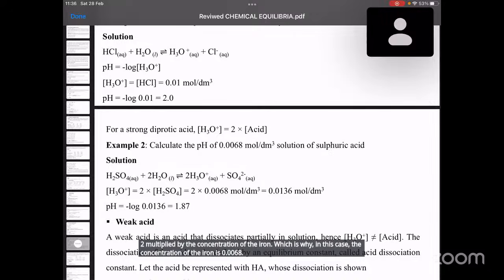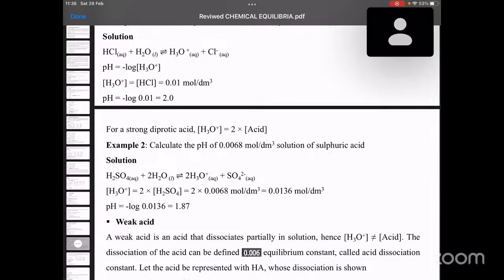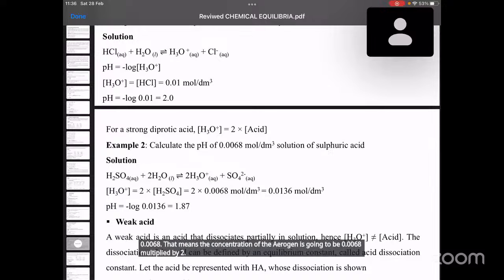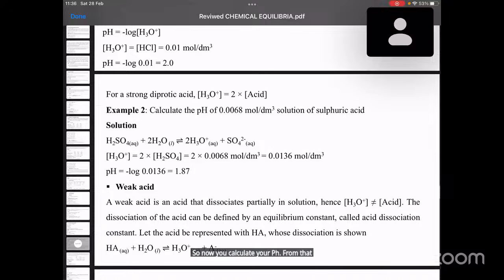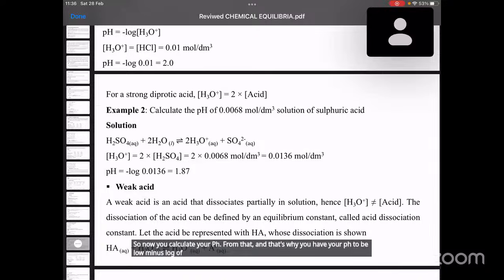So the concentration of the hydrogen ion is 0.0068 multiplied by 2. Now you calculate your pH from that: minus log of 0.0136, which is the result of multiplying 0.0068 by 2.